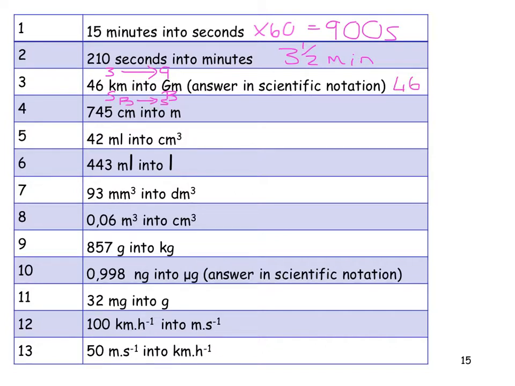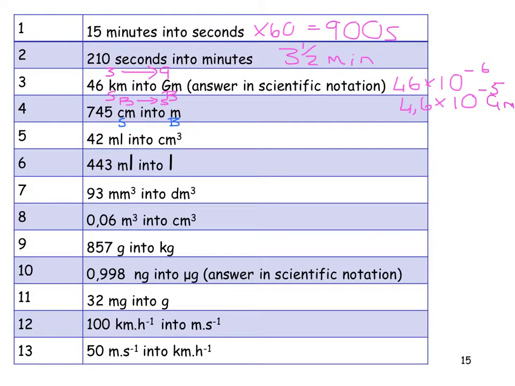So it's 46 times 10 to the negative, that's the dividing, and 6 on the number line. And when I write that properly into scientific notation, I get 4,6 times 10 to the negative 5 gigameters.